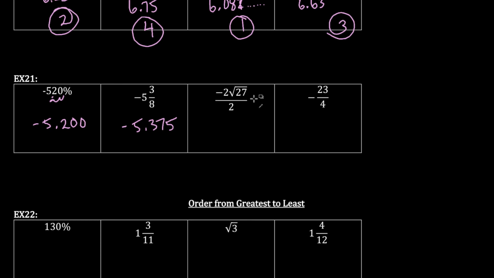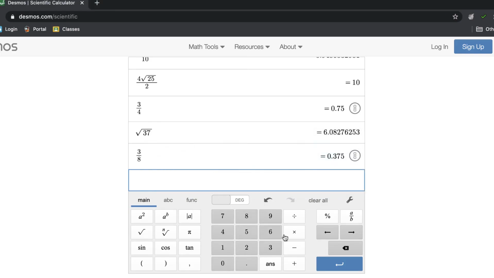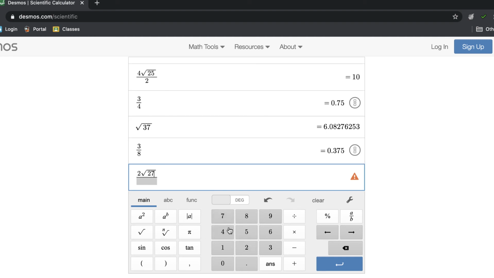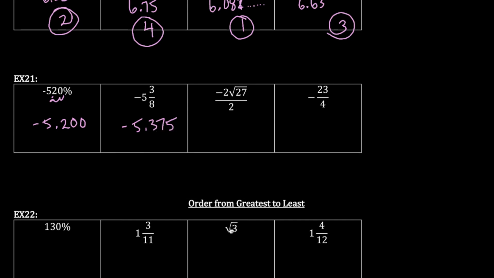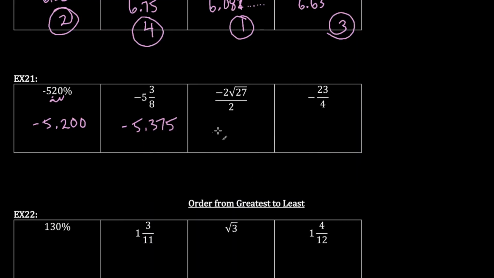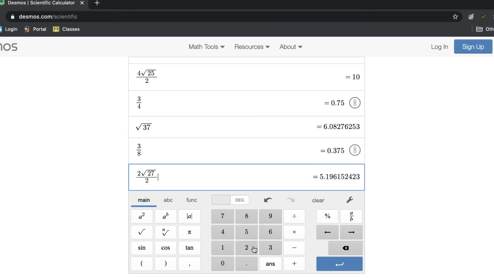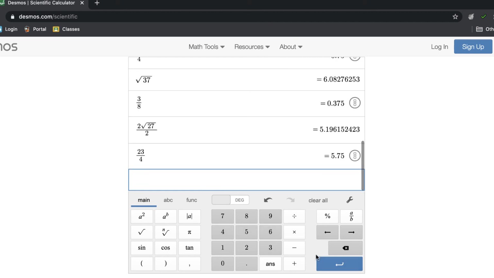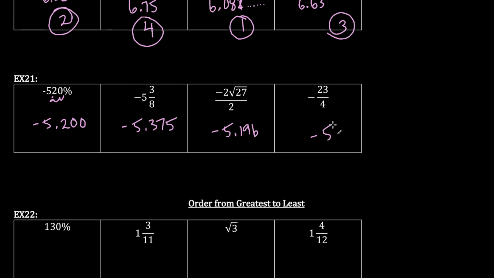Negative 2 times the square root of 27 over 2. 5.196. Negative 5.196. Lastly, negative 23 over 4. 5.75. So negative 5.75. Cool.